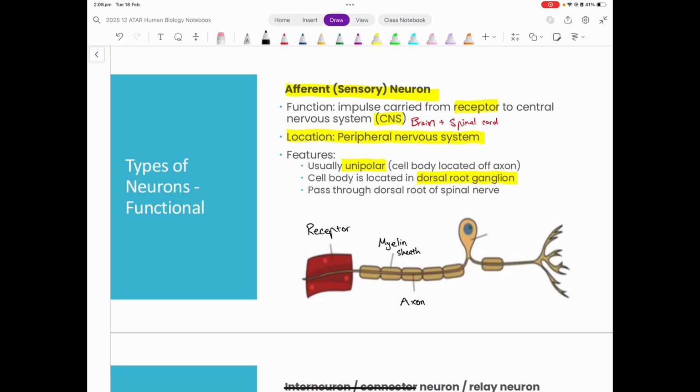Towards the center of this neuron, what we see here is the cell body, and eventually we make it down towards the axon terminals. This means if we follow the thought process that we had when we were looking at the components of neurons earlier, that the transmission of the nerve impulse in this instance is going to travel from left to right. Left to right as we simply follow from the receptor through to the axon terminals.